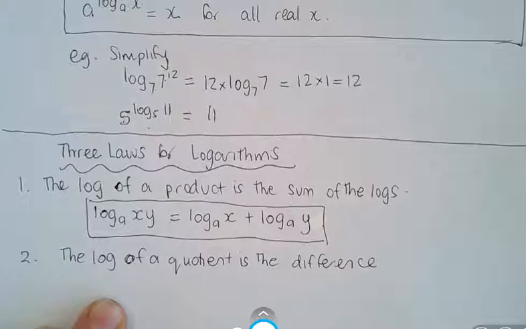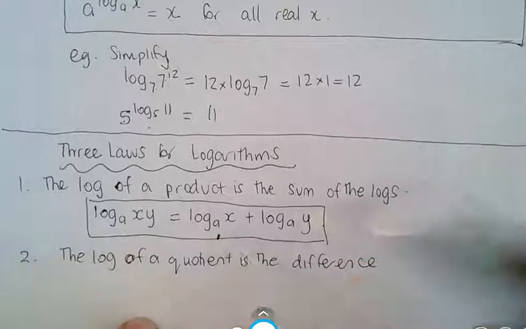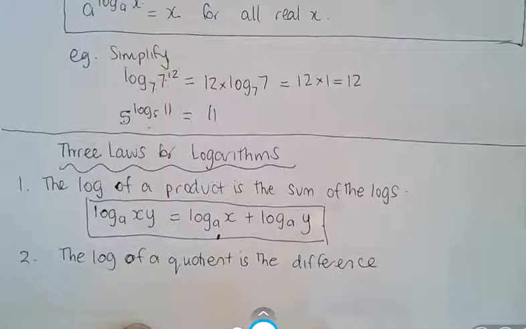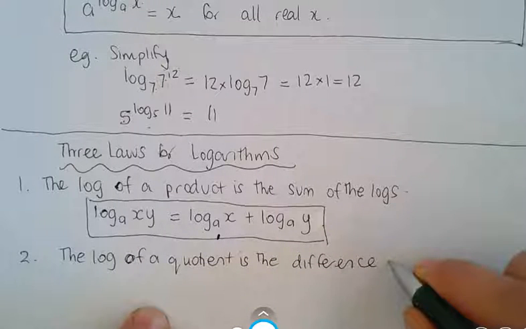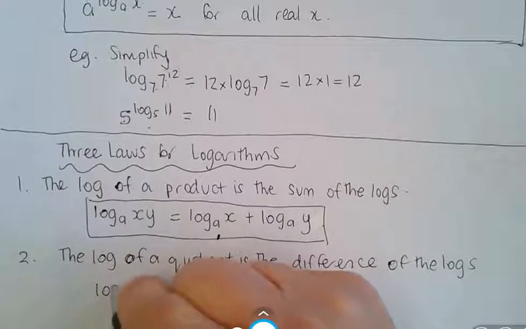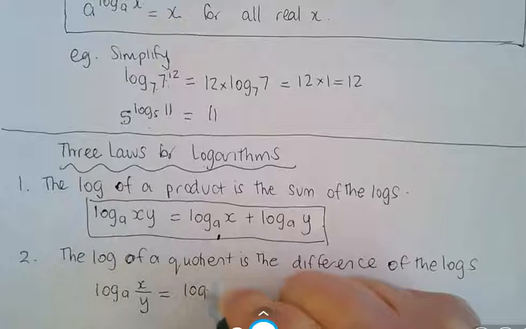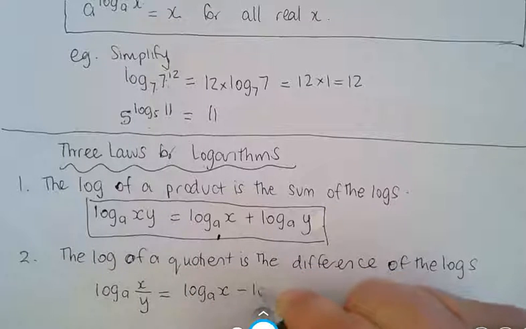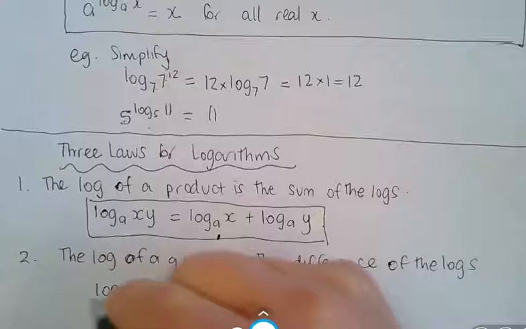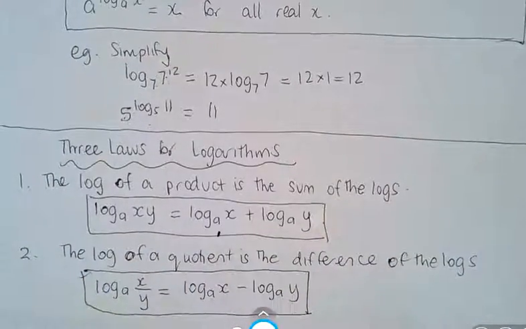Log to the base A of x times y equals log to the base A of x plus log to the base A of y, as long as the bases are the same. The next one, the log of a quotient is the difference of the logs. So that rule is log to the base A of x divided by y is log to the base A of x minus log to the base A of y. That's the second rule.